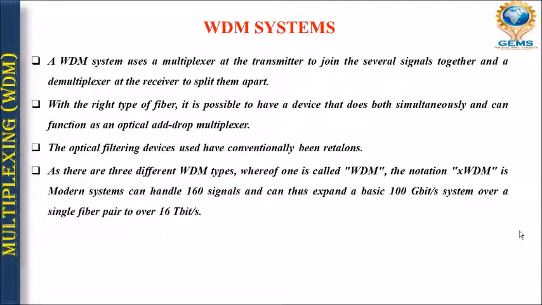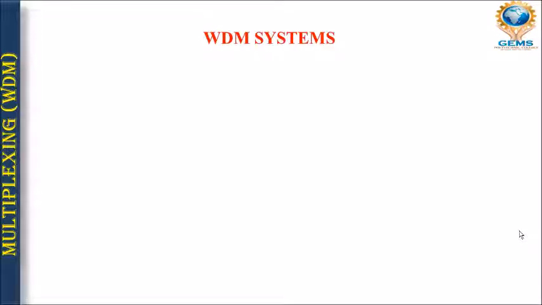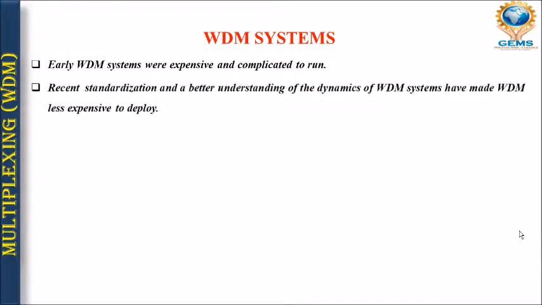And when we are using a single optical pair, its speed goes to 16 terabits per second. So this type of system is expensive and complicated to run. This is the first property of your WDM system.